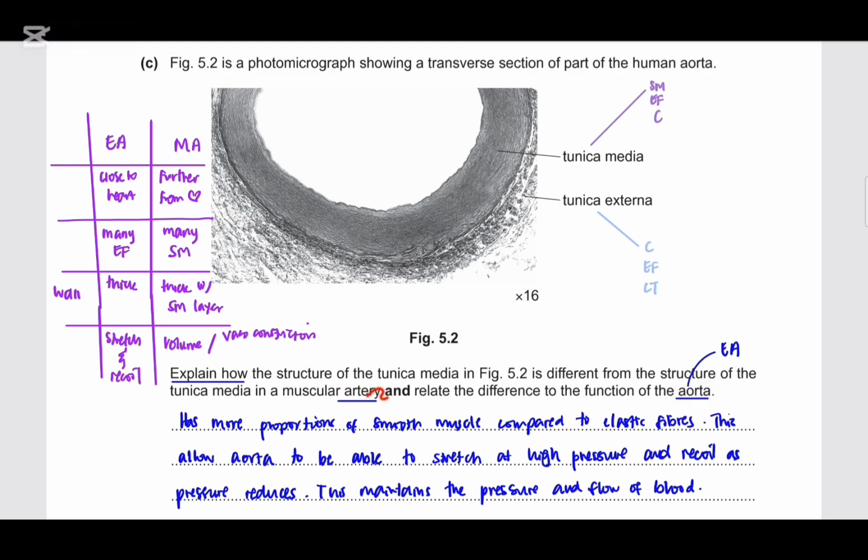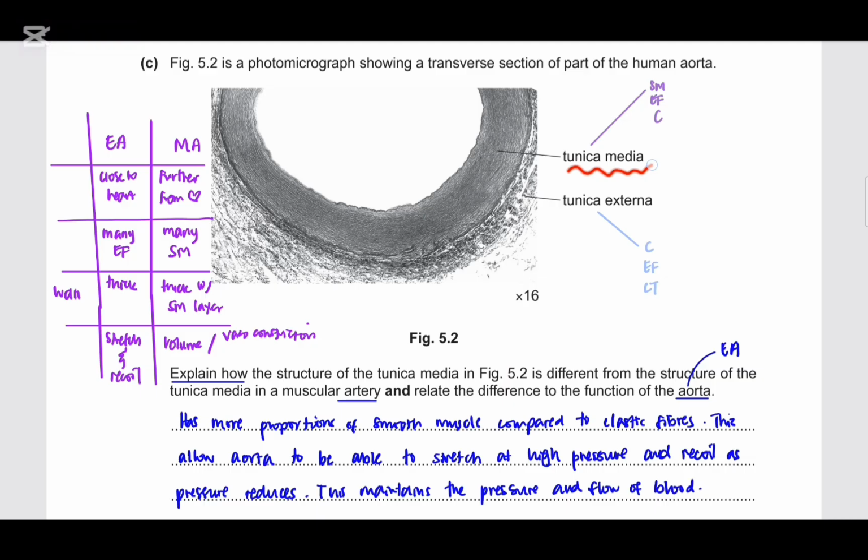Now, muscular artery and aorta. Please take note, we have either muscular artery or elastic artery. EA stands for elastic artery. The aorta is an example of an elastic artery. I want you to take note of the summary here. But before that, take note of what structures can be found in the tunica media.